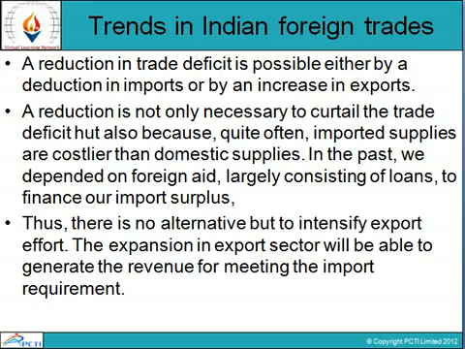In the past, we depended upon foreign aid, largely consisting of loans, to finance our import surplus. Thus, there is no alternative but to intensify export efforts. The expansion in the export sector will be able to generate the revenue for meeting the import requirements.